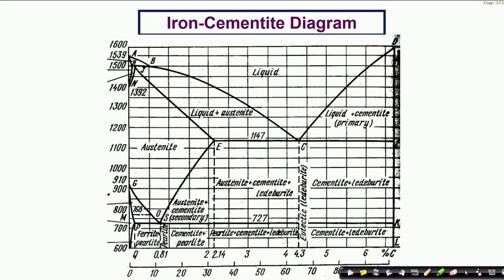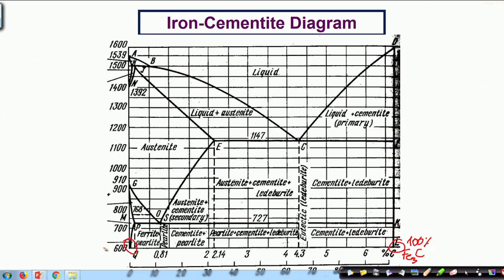The main reason lies in the fact that when you talk of steel, you actually first have to realize that we are talking about a binary where one part is iron and the other part is cementite. So actually the diagram should have ended at 100%, but this is only up to 6.67%, meaning this is actually 100% of cementite.